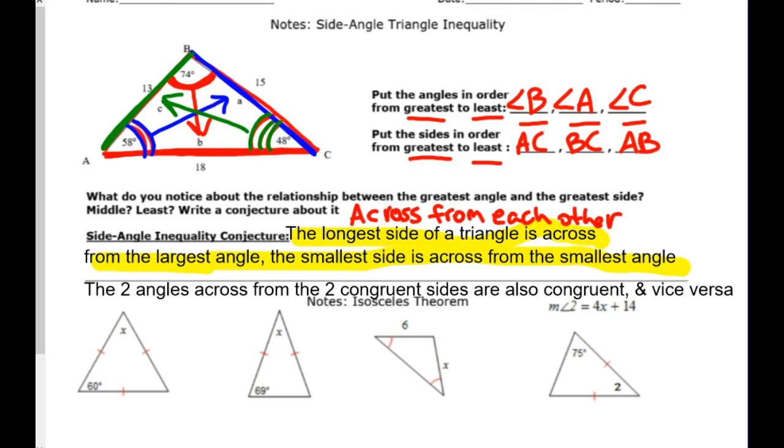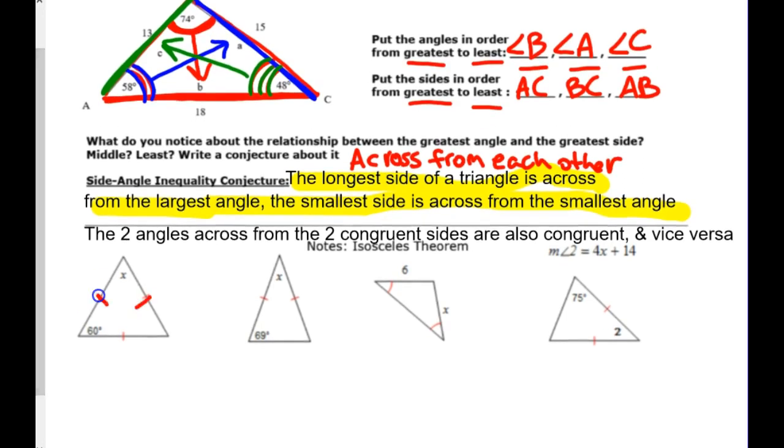So, let's look at these examples. We have this first triangle. It's actually not merely isosceles. It is also equilateral, but it does have two congruent sides in it. So, let's talk about this.